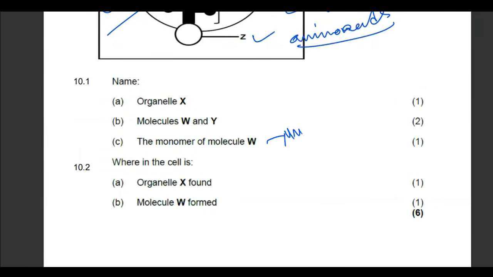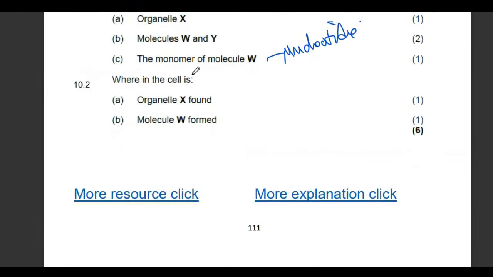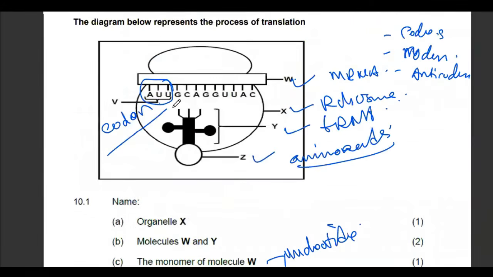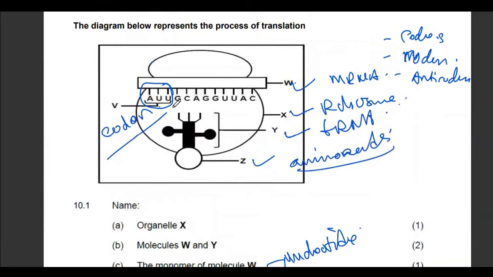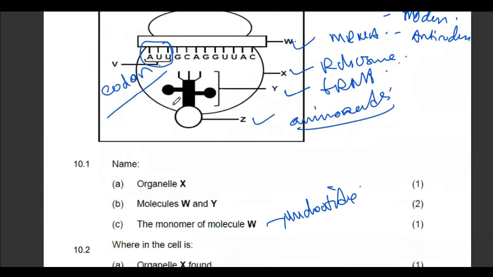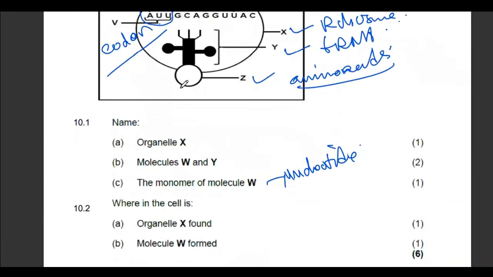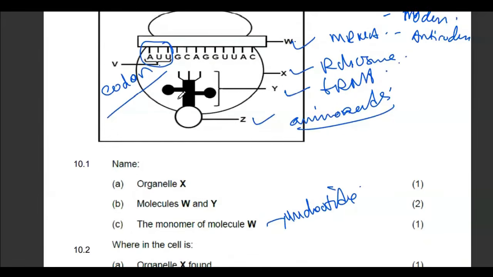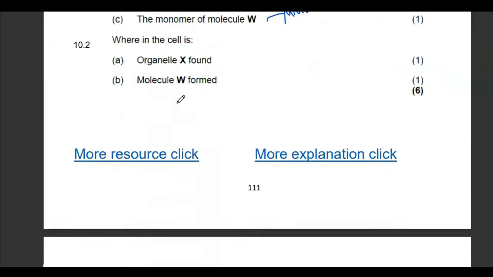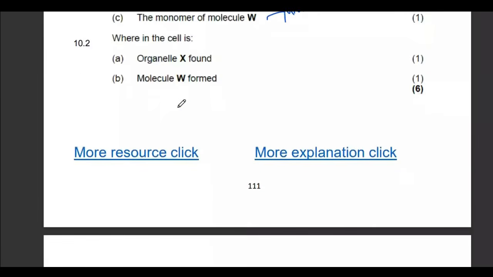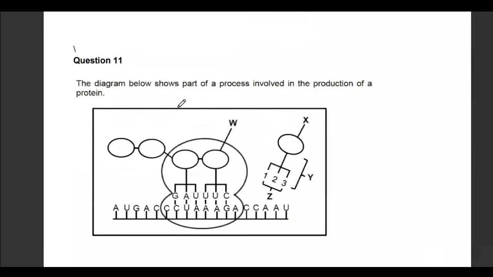And then molecule W and Y, we have seen it. W is messenger RNA, and Y is the transfer RNA, and organelle X, we have seen it, is the ribosome. So still the same thing.